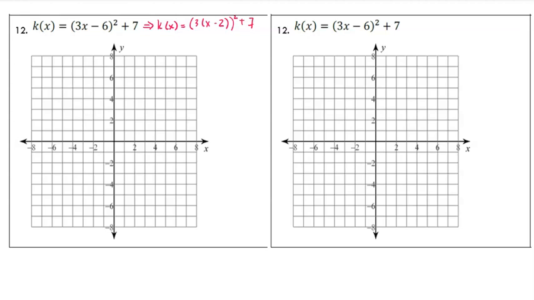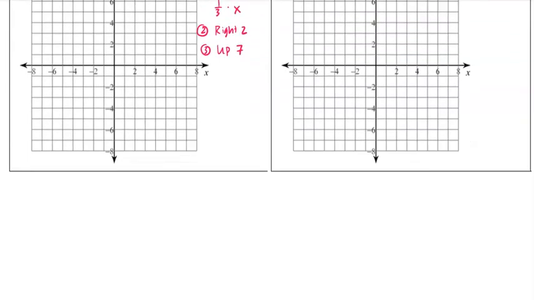Okay, in order, the things that happen are, number 1, you have a horizontal compression, scale factor of 1 over 3, and that's going to multiply the x. Okay, number 2, you are going to move right 2. And then number 3, you're going to go up 7.